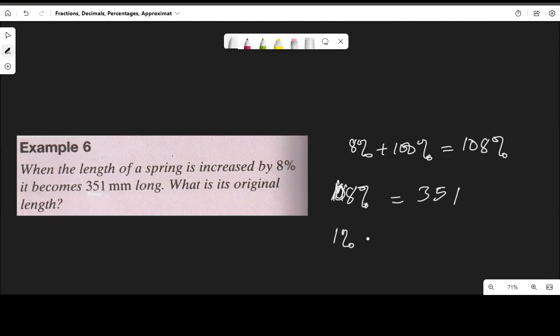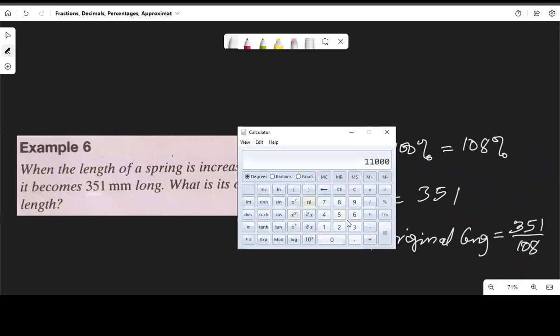1% of the original length will be 351 divided by 108. 351 divided by 108 is 3.25. That is 1%.